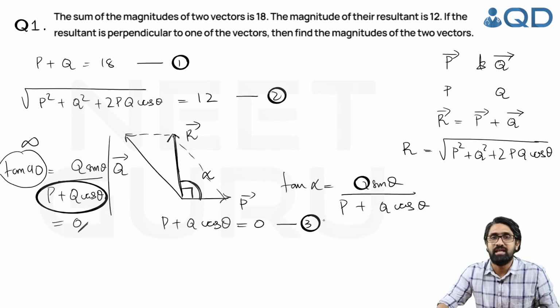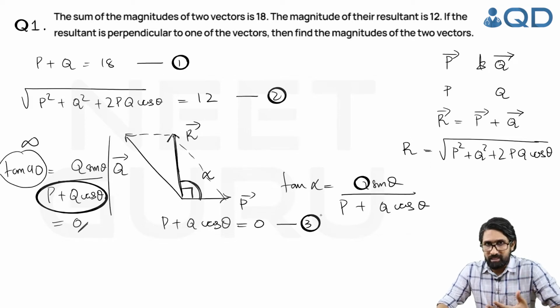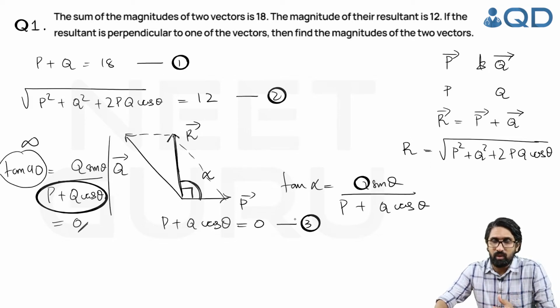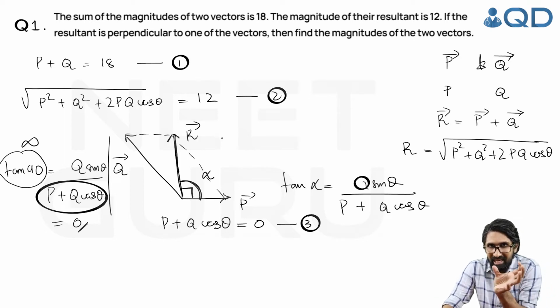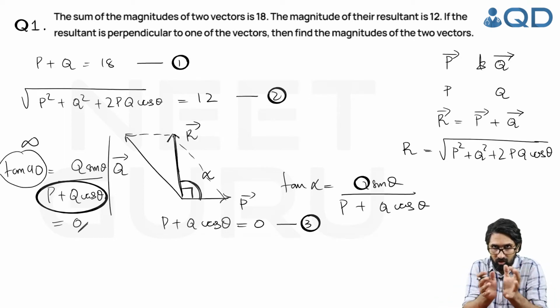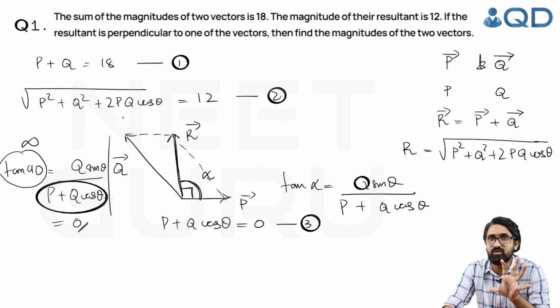That's the third equation. And what we'll now do is we'll use all these equations and write down a single equation combining all these and solve that equation to find the magnitude of one of these vectors, and we'll find the other one easily with the help of these equations.